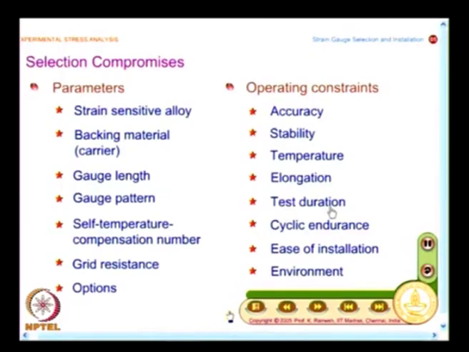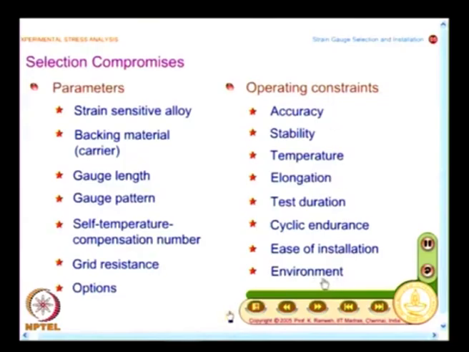Am I doing a dynamic test or a test on in situ measurements, which requires monitoring over months and years? And particularly in transducer applications, I need to ensure cyclic endurance, and you should not ignore the difficulties in installation. That is why ease of installation is also one of the operating constraints.